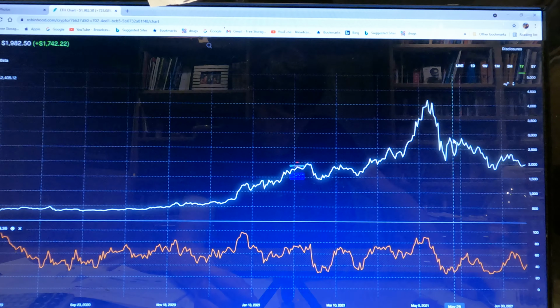So what we're looking at right now is Bitcoin, and this is the 1-year history. This was the run up we had in February, and then it dropped down like that, 50%. I'm sorry, this is Ethereum, not Bitcoin. But pretty much the graph's the same.